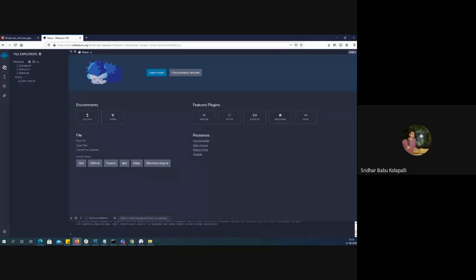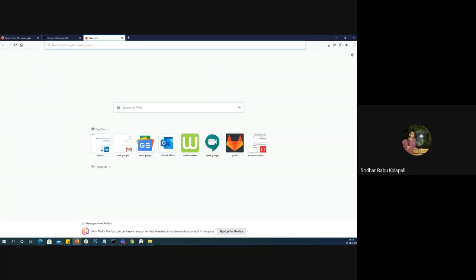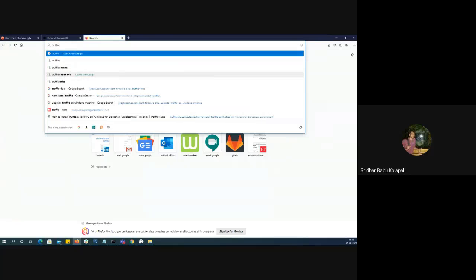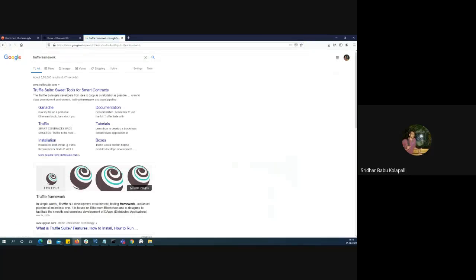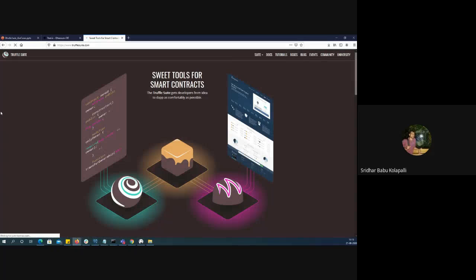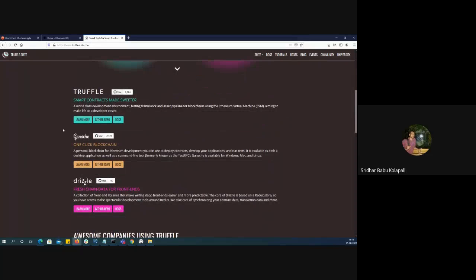If you want to know more about the documentation and how you can build smart contracts, you can look at the documentation here. I will also suggest that you look at Truffle. Truffle is another framework we can leverage. They have frameworks to build your decentralized applications. You can build your smart contracts and test your smart contracts and decentralized applications.